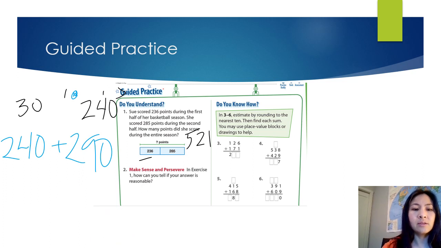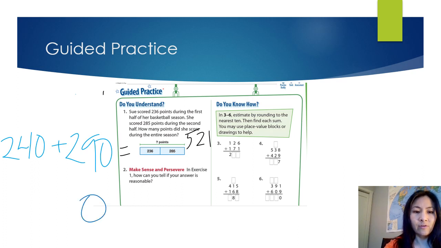Here's our estimated equation, almost. Equal sign. Well, let's do it down here. So now, add the zeros. 4 tens plus 9 tens equals 13 tens.